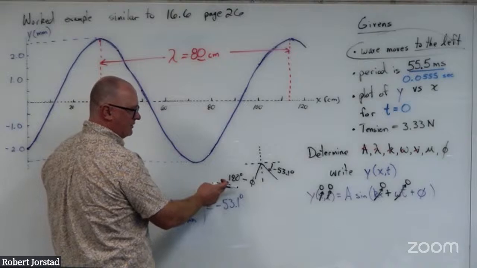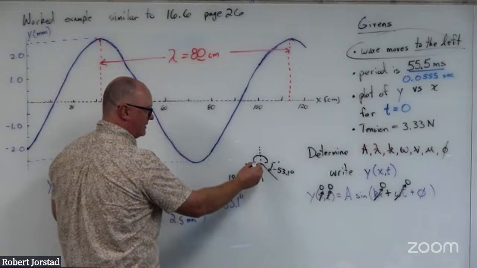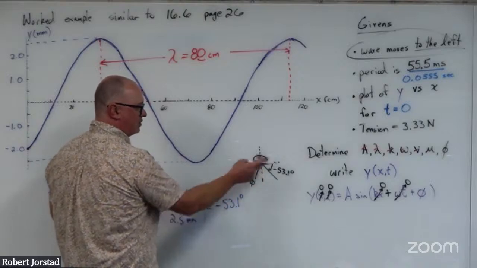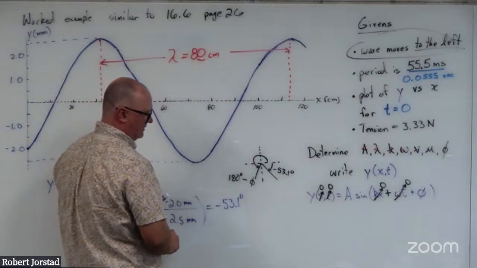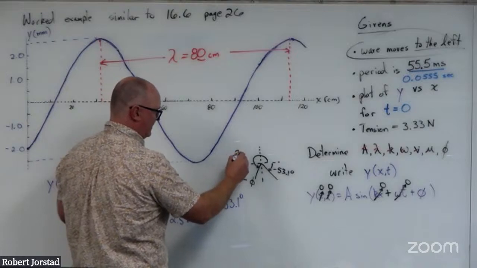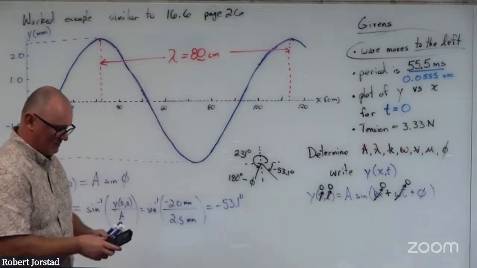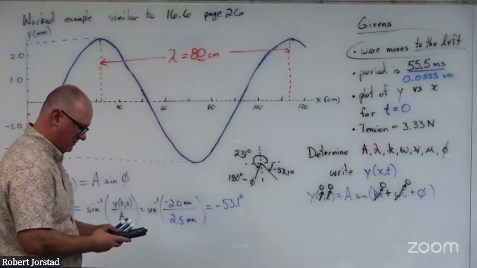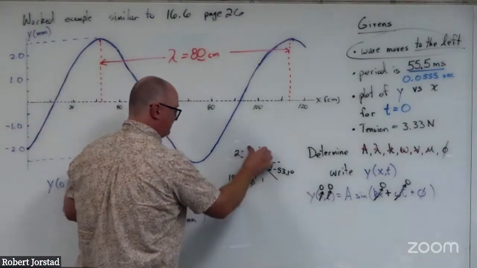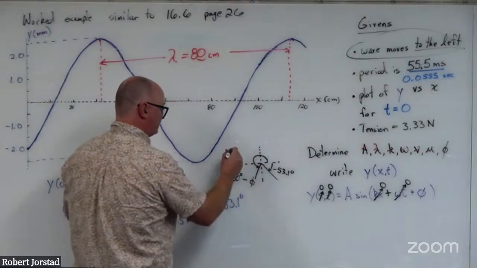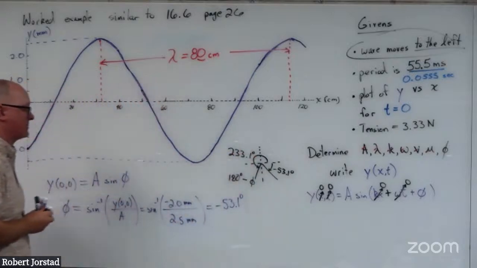So 180 degrees minus -53.1 gives me, what is that? 180 plus 53.1, which is 230, 231 or so? I'm pretty tired. It's been a long day. Let's just make sure I didn't screw that up. Yeah, that looks about 233. Oh, it was a 0.1. My bad. There we go. So it's one of these two options.